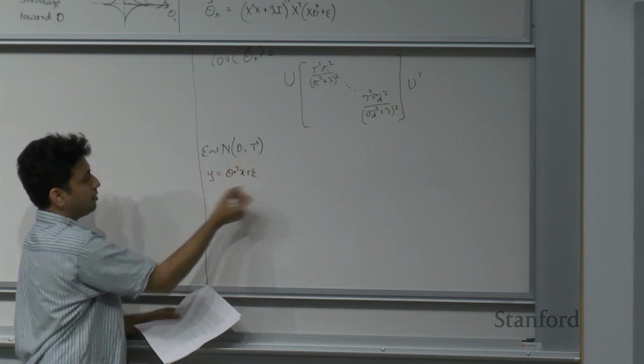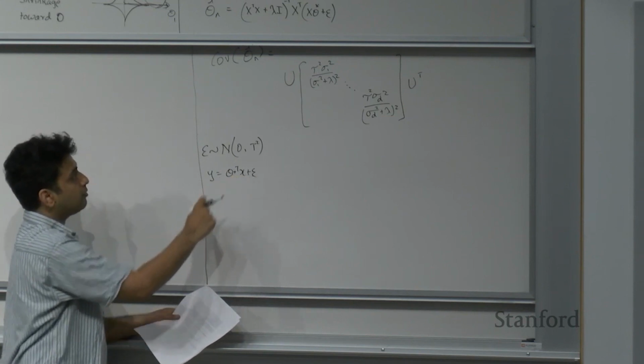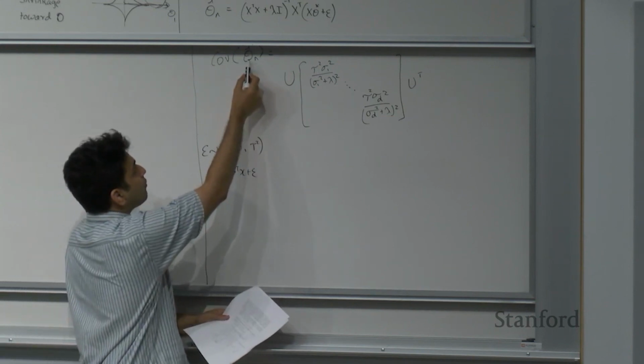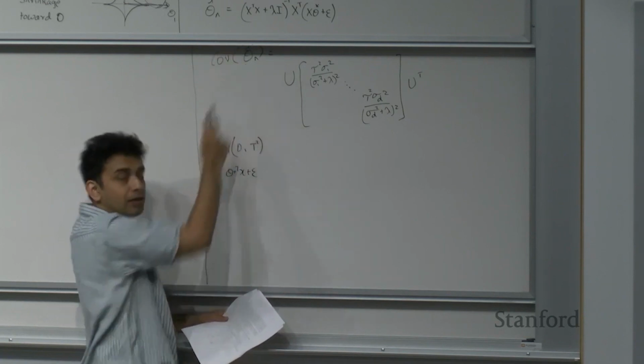So if tau square is the variance of the error terms, then this matrix is the covariance of our regularized estimate.